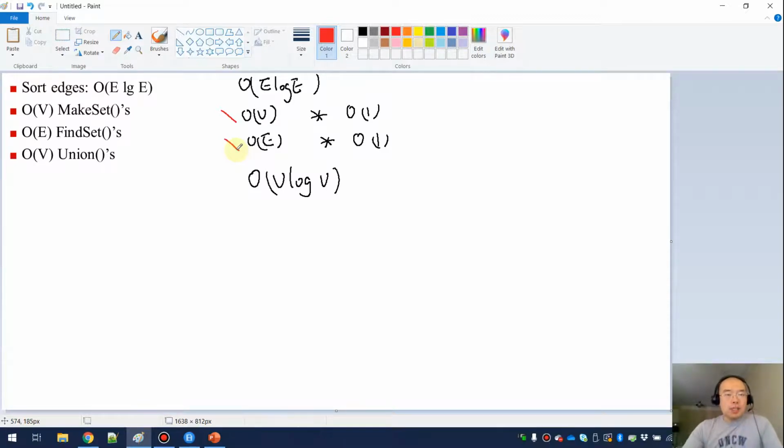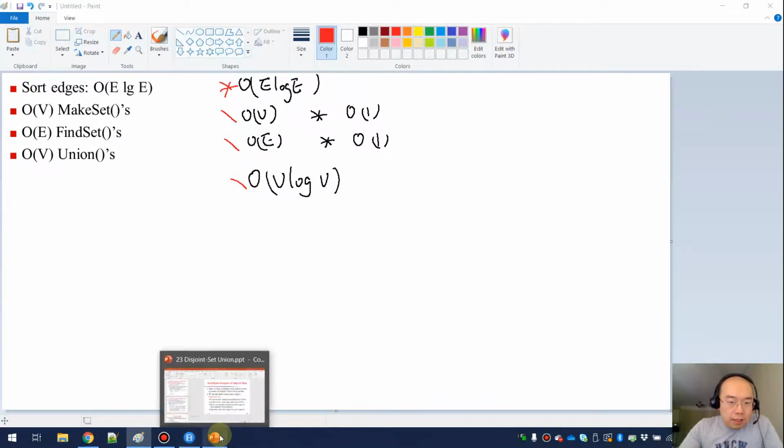So usually we have more edges, right? So this one will be the most significant part. So that's the reason we are saying that the Kruskal algorithm is an O(E log E) algorithm.